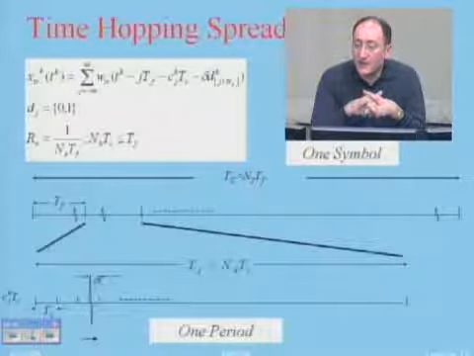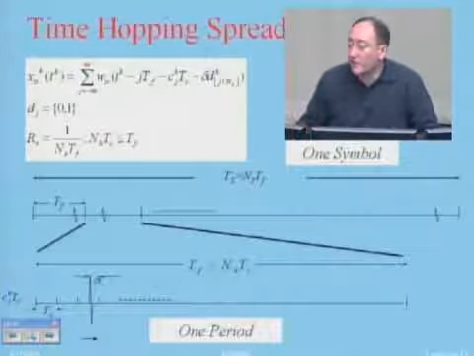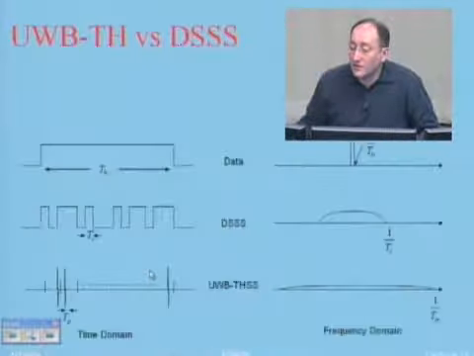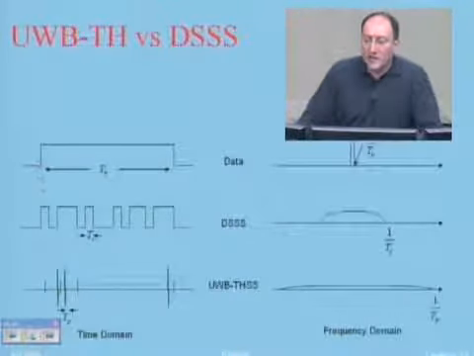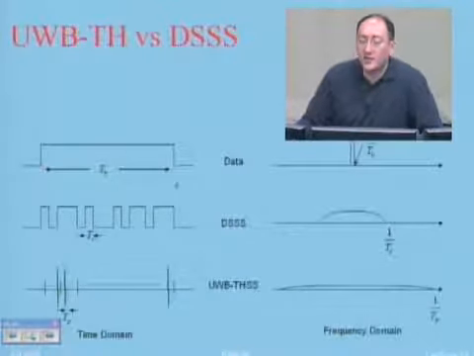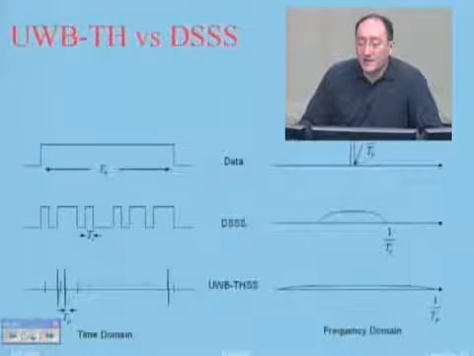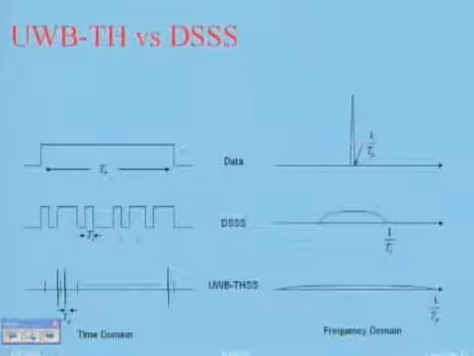The advantage is that if, rather than this, I was using direct sequence spread spectrum, I had this bit in here, and to transmit this bit, I would multiply it with these chips, and the chips are either plus or minus 1, and I would transmit them. So always I was transmitting some signal in time.